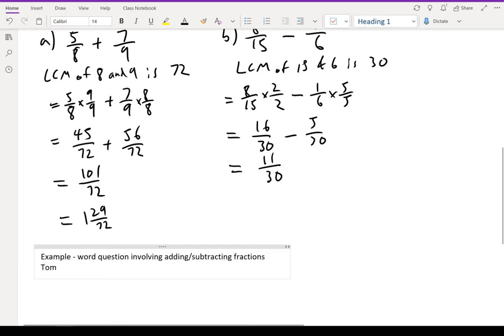And so in this example, Tom here spends, let's do a slightly more complicated one.